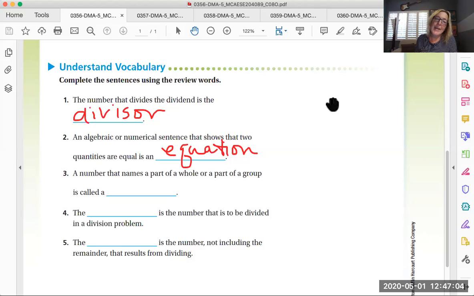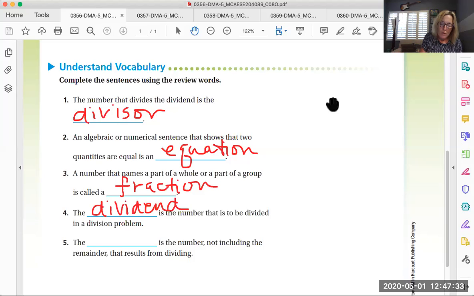A number that names a part of a whole or a part of a group is called a fraction. The blank is the number that is to be divided in a division problem. That would be called the dividend, the one I just had trouble with. And finally, the blank is the number, not including the remainder, that results from dividing. That would be the quotient.